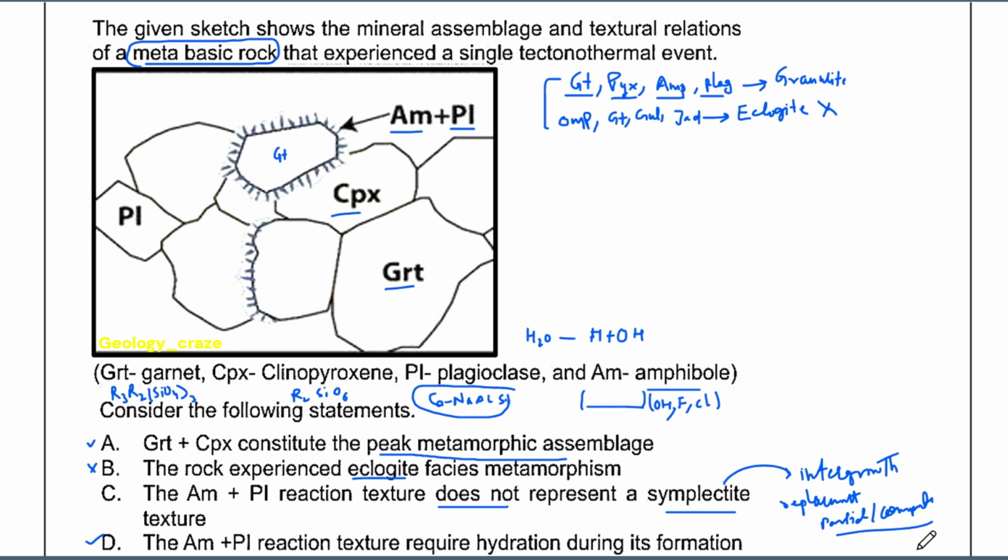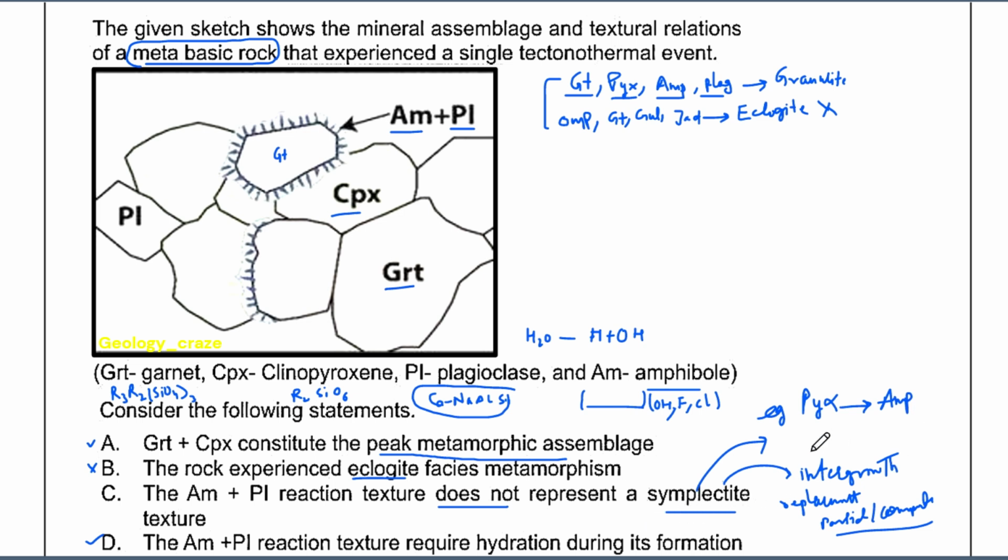This texture has an example. The example is when pyroxene is converted into amphibole. We call this the texture.